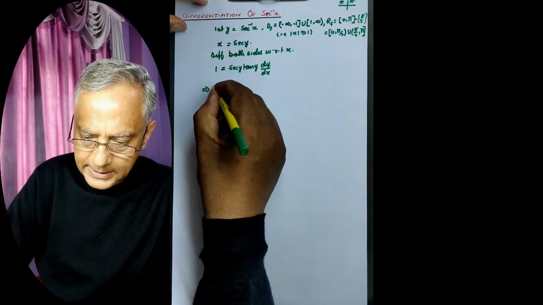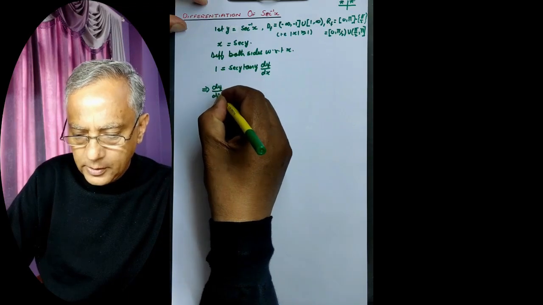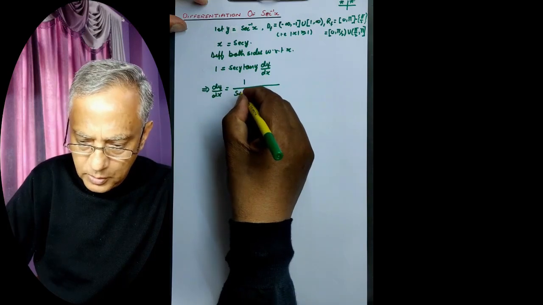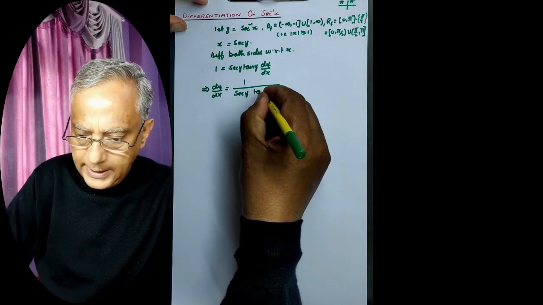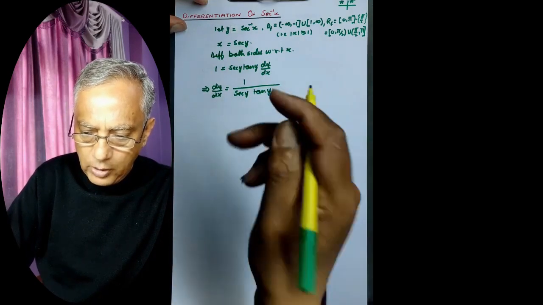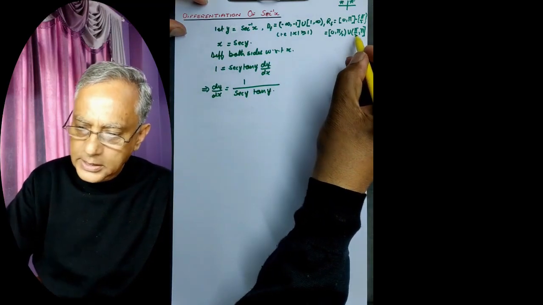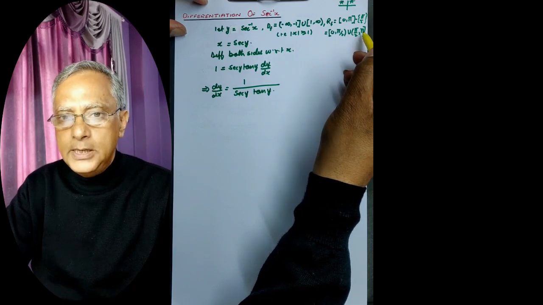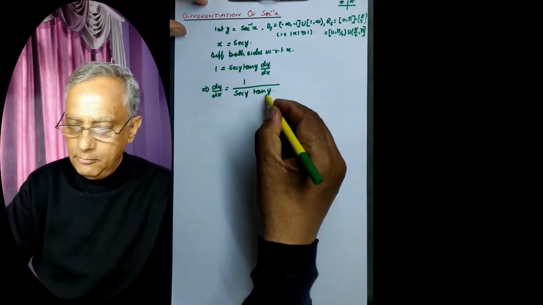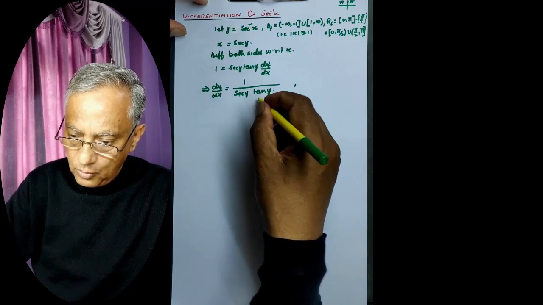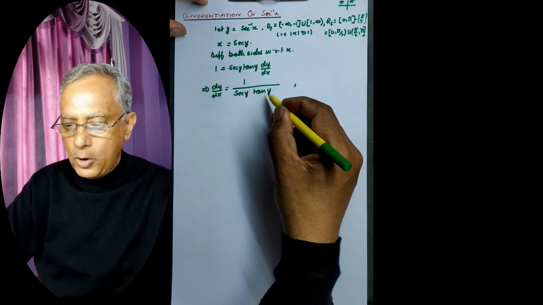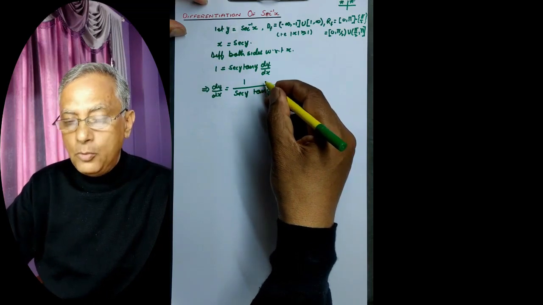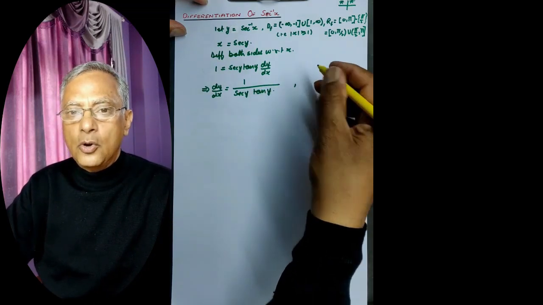And this implies dy by dx is equal to 1 upon secant y tangent y. Now y belongs to this interval. Therefore secant y is not equal to 0 at any of these points. But for tangent y, we must delete the points where tangent y is 0. It should not be 0 because 1 by 0 is not defined.